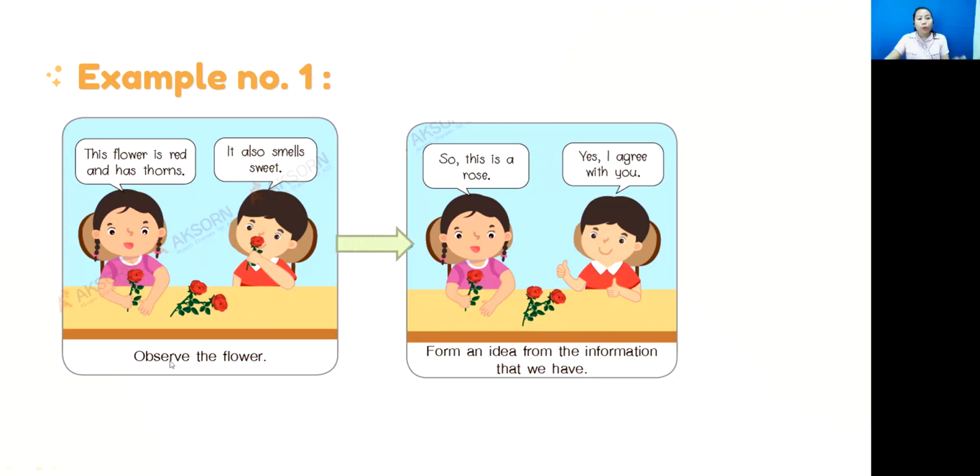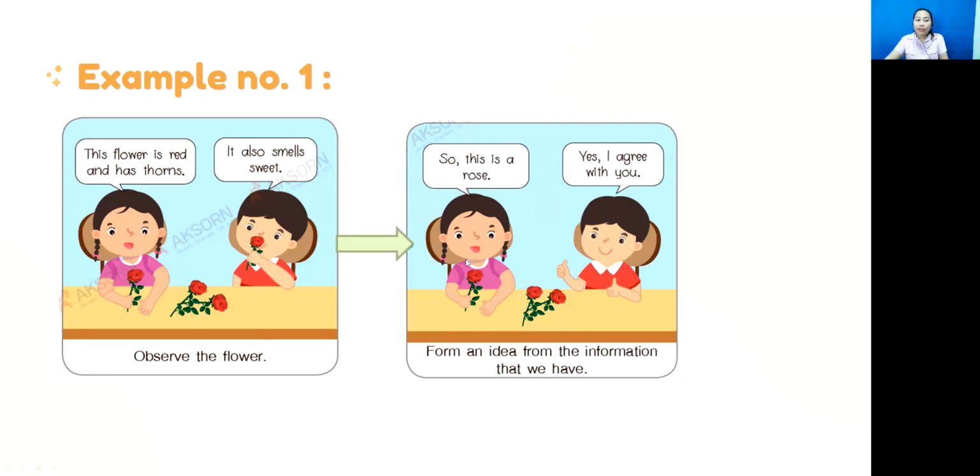So, when they observe the flower, they use their sense of smell and sense of sight. They said that it is red and has thorns and smells sweet. Based on their idea, they form an idea from the information that they have.